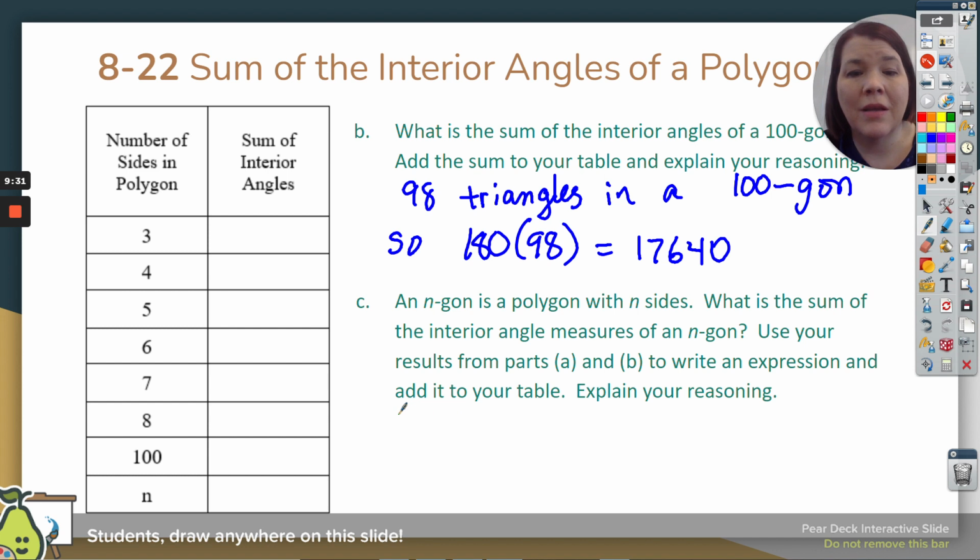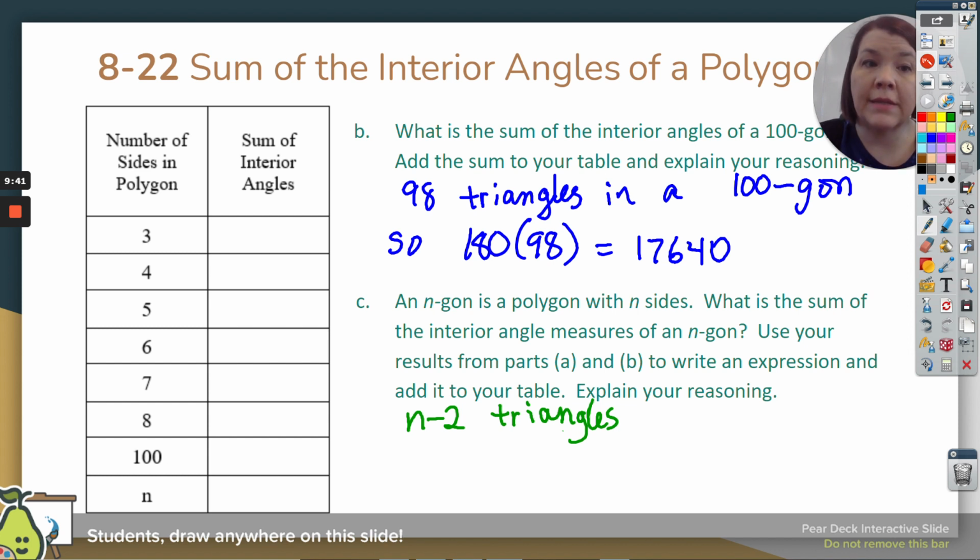So an n-gon has n minus 2 triangles. In other words, can I find it no matter what the number of sides is? If you can do 100, you should be able to just replace the number 100 with n.